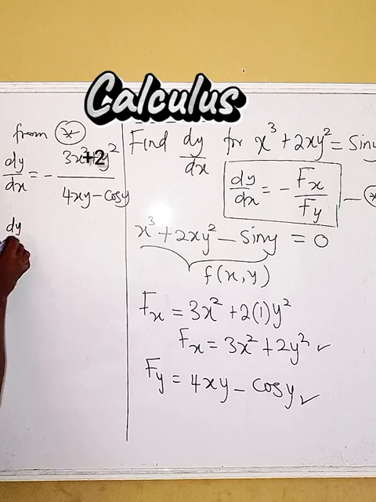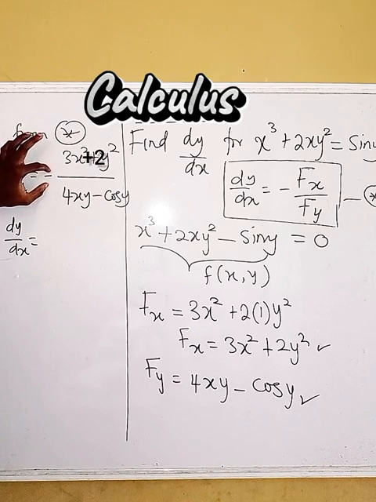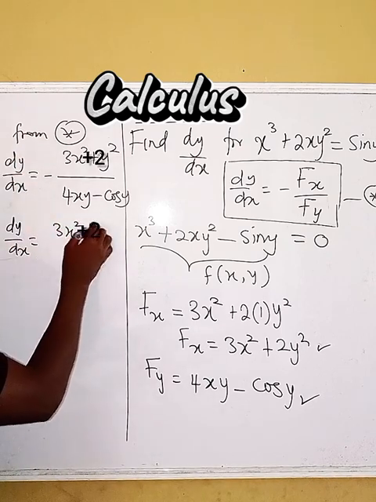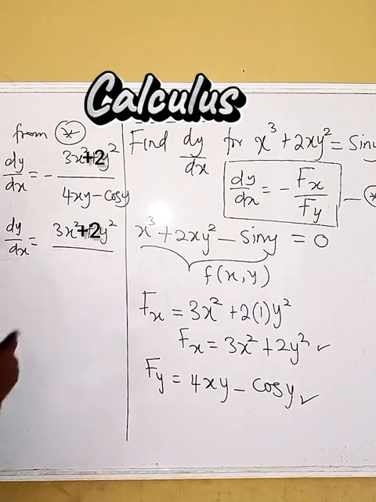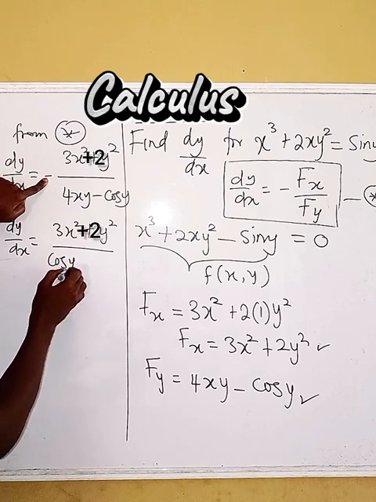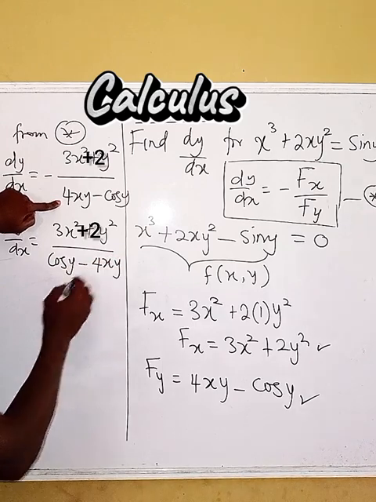Then we're going to have dy dx to be equals. Now if you don't want this negative sign to be here, you can bring it down like having 3x squared plus 2y squared all over. This minus will affect this minus, so we change to cos y. Then this will affect this one, so we change to minus 4xy, and we have this.